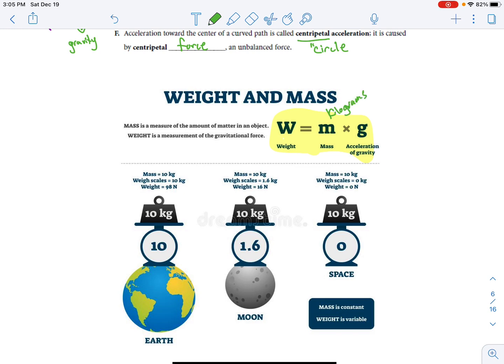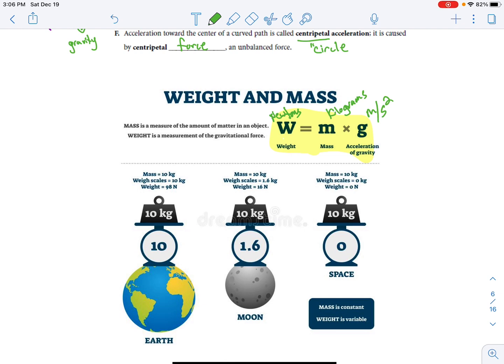Gravity is measured in how fast it's pulling you down, so meters per second squared is the unit for gravity. And weight is going to be a unit called newtons. Any force, any push or pull, is a newton. Weight is a pulling down, so it's a newton, same as the other forces we talked about.